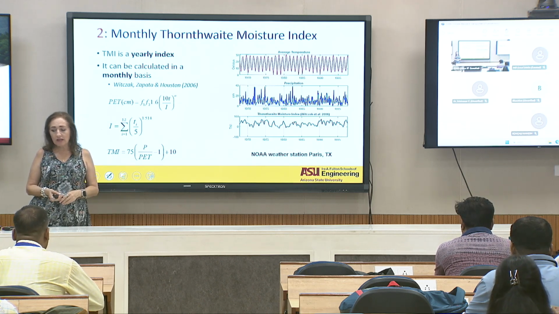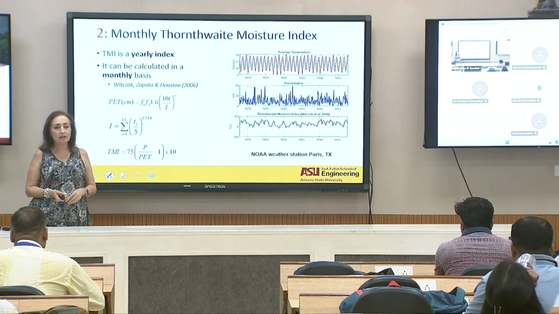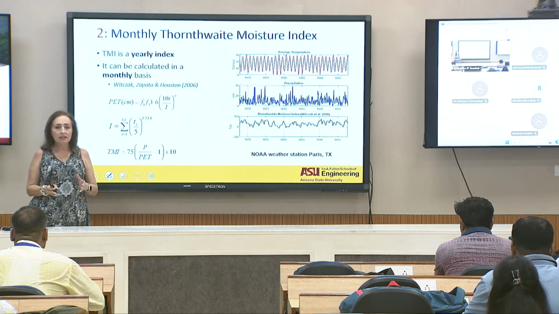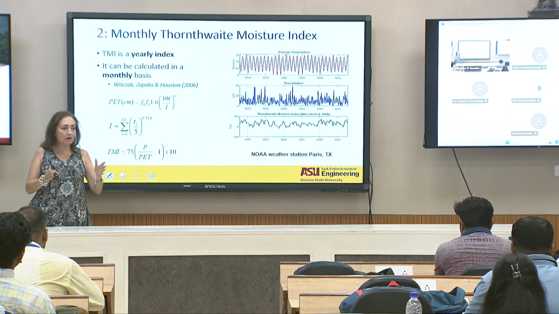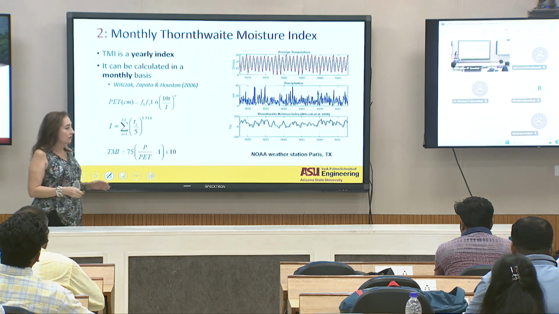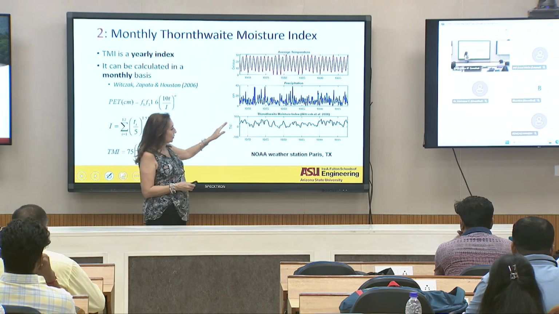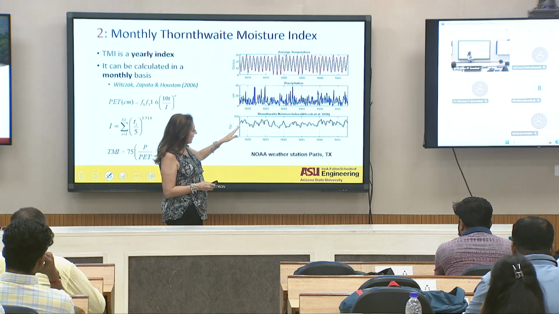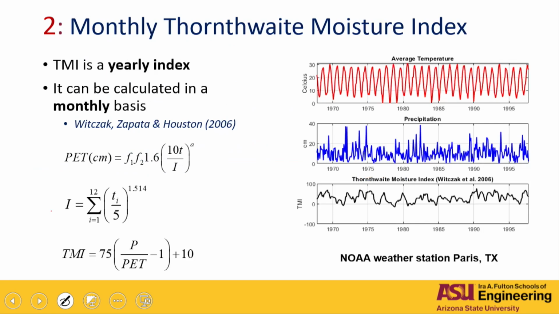So we used the Thornthwaite moisture index. The only thing we did was to modify it to, instead of reading annual indexes, be monthly, right? So basically, we were able to capture somehow the variability of every year. You can see peaks of high TMI and peaks of low TMI, even if the average value was probably positive for this site.